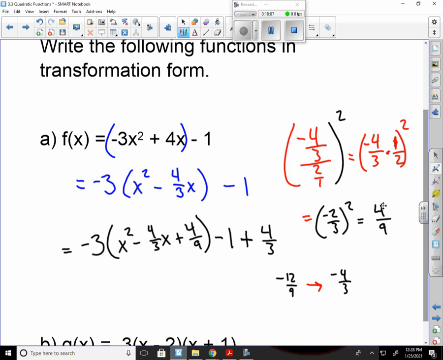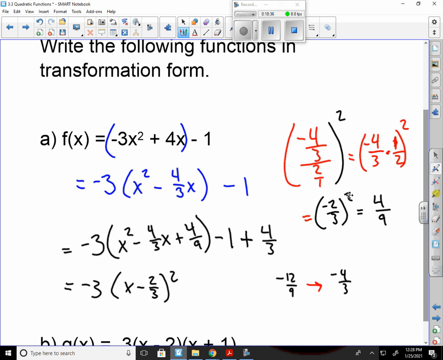Now, whatever you get whenever you get this term here, before that we had negative 2/3. So my next step of simplifying, leave it as negative 3, and then this is now x minus 2/3 squared.